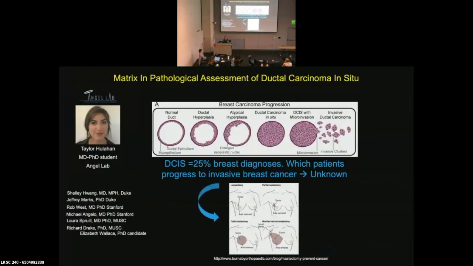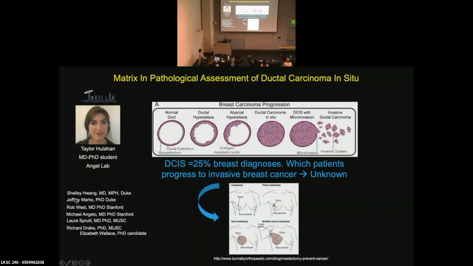So now I'm going to talk very briefly about ductal carcinoma in situ. This is a project being led by a very talented MD PhD student, Taylor Houlihan. So we've heard about it a little bit yesterday. So ductal carcinoma in situ is a benign breast disease. It's diagnosed in around 25% of women, but which patients progress to invasive breast cancer is unknown. And most women opt for anything from lumpectomies to full mastectomies in order to just get rid of the worry about it progressing.